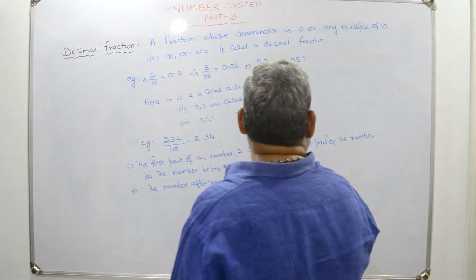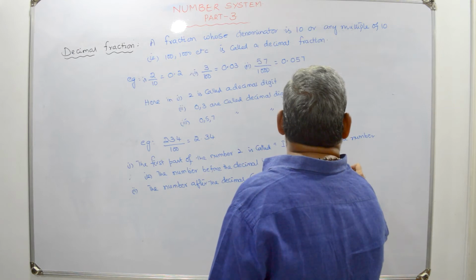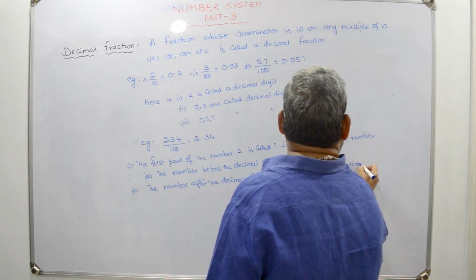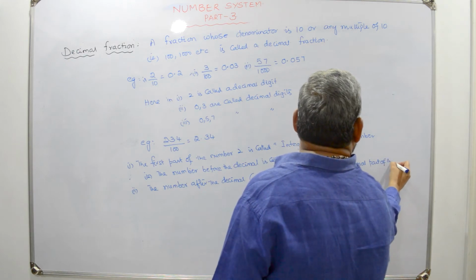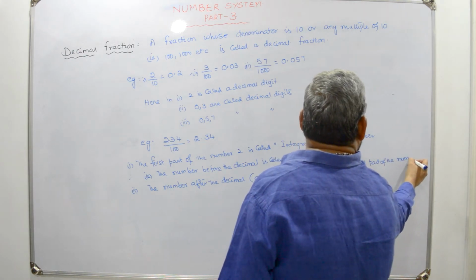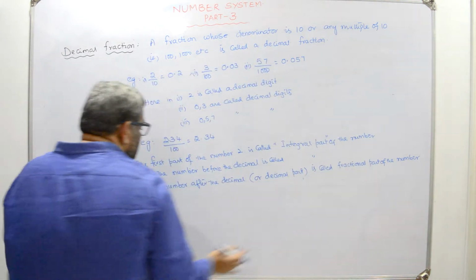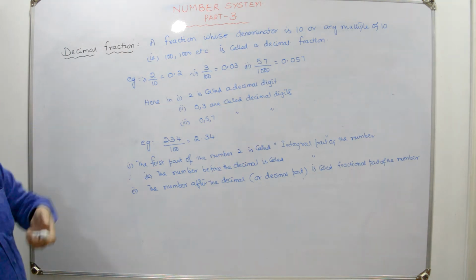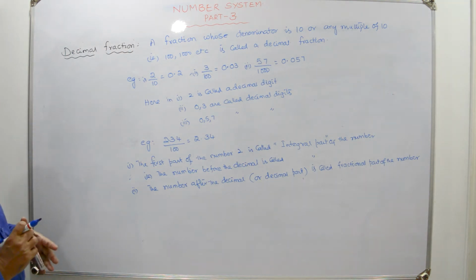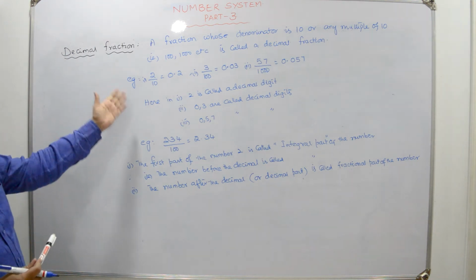The number after the decimal is called the fractional part of the number. So this is about the decimal fraction. A fraction whose denominator is 10 or any multiple of 10, 100, 1000, etc. is called a decimal fraction, and this is about it.